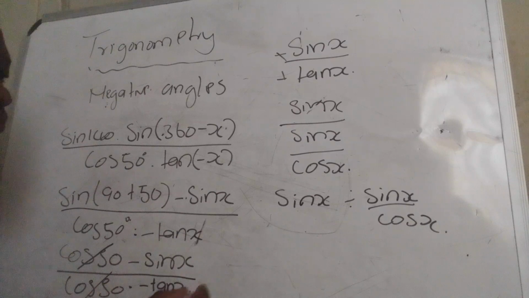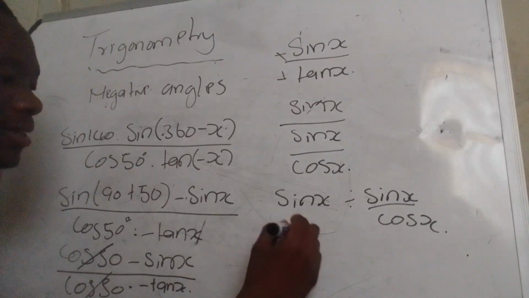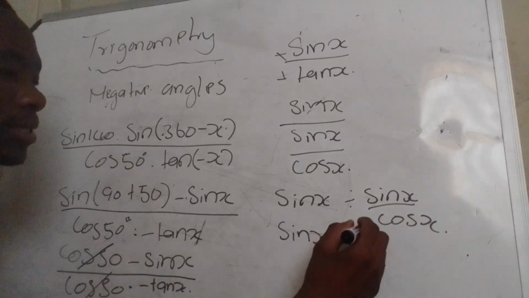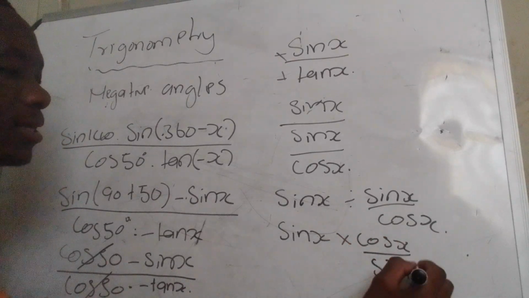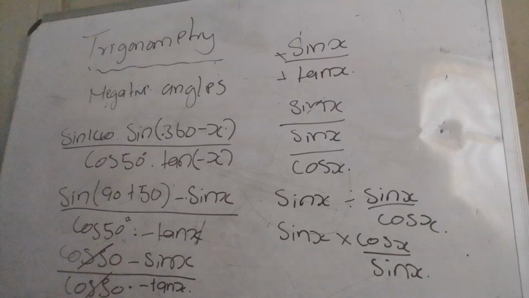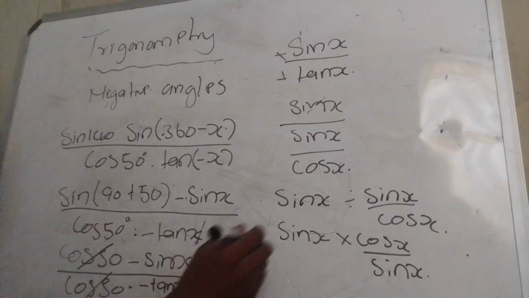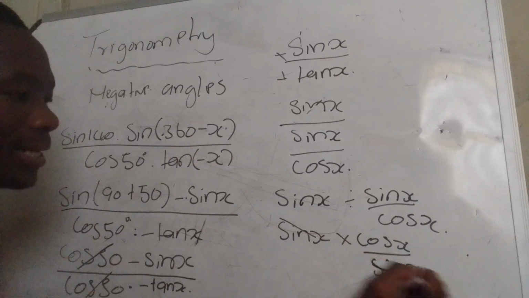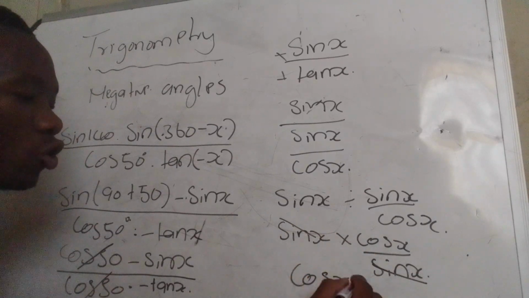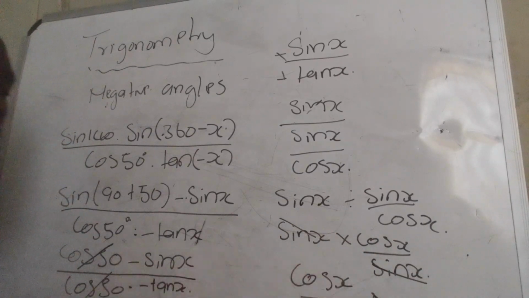From here we have sine x times cos x over sine x. Then the sine x cancels, and we are left with cos of x. This is our final answer.